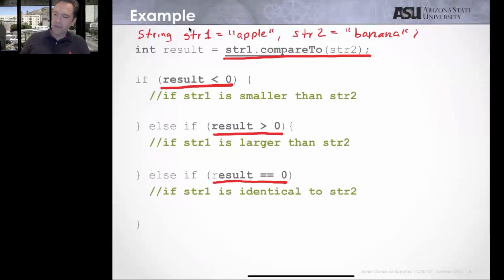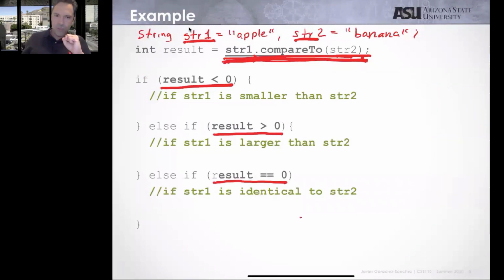If I ask for this, remember the first variable, the full variable, instead of the operator, dot compareTo, parentheses, and the second variable inside of the parentheses, closing parentheses. This instruction is going to give you 3 possible results. It's going to give you 1, 0, or -1. Let me tell you this.